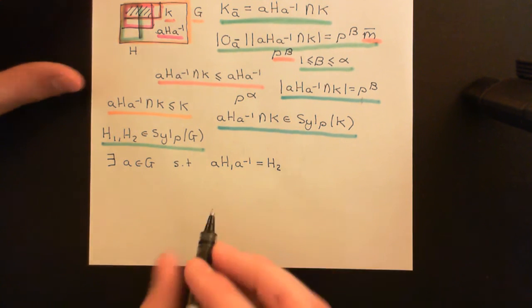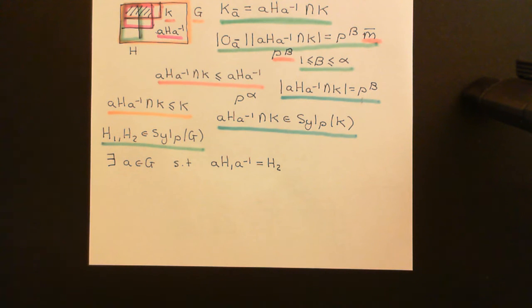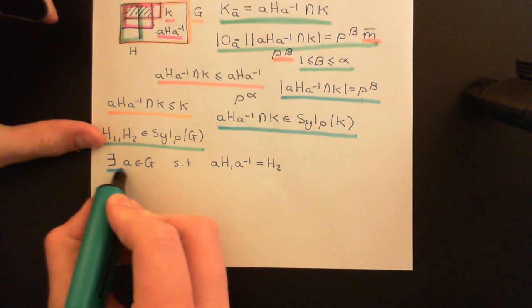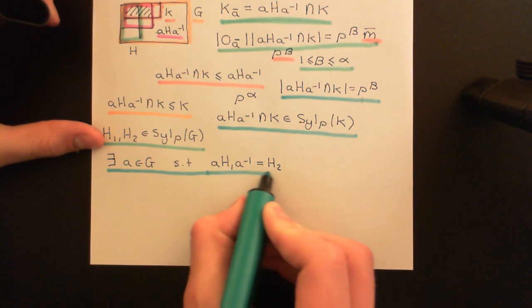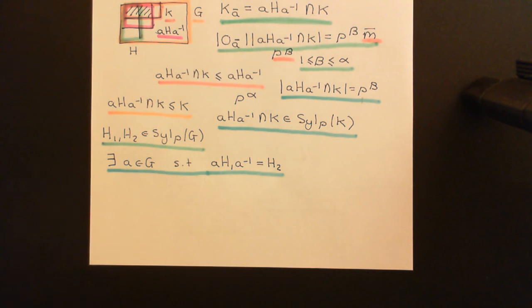So I want to prove that I can always go from one Sylow P subgroup to the other by conjugation by an element of the group, little a.